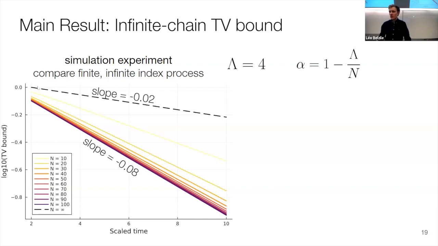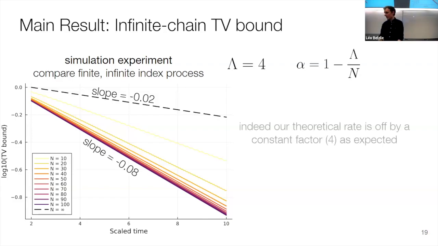And indeed, my asymptotic slope in this case is minus 0.02. As a function of the scale time, I've got log 10 of total variation on the y-axis. And if I actually take n to infinity computationally in my finite index process, I get a slope of minus 0.08. So we're off by a factor of 4. But for my money, that's not all that bad.